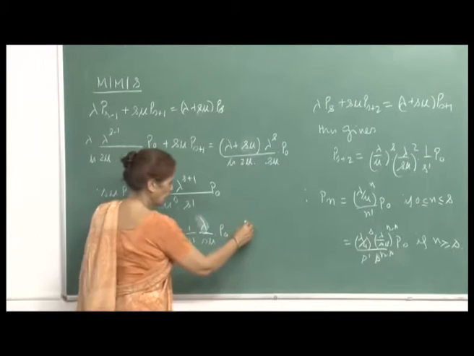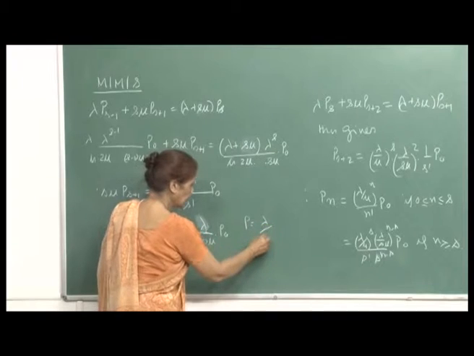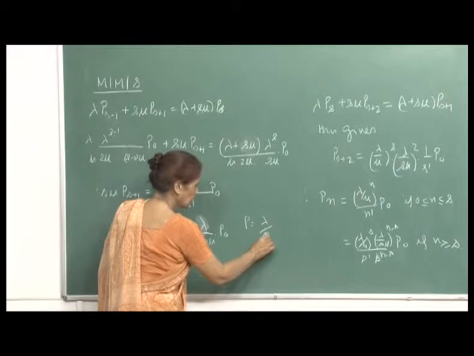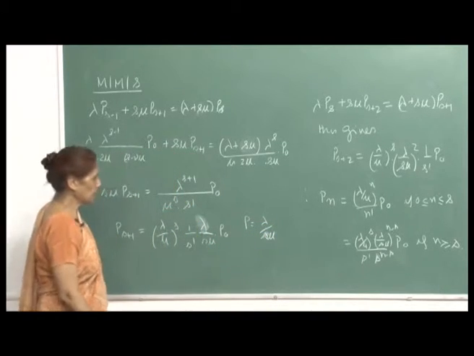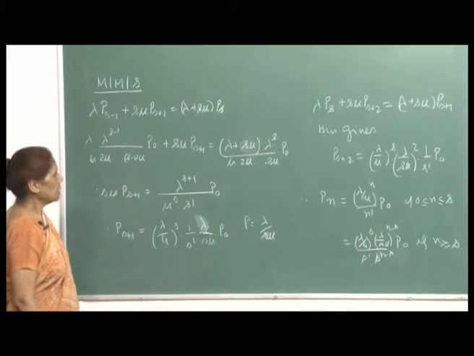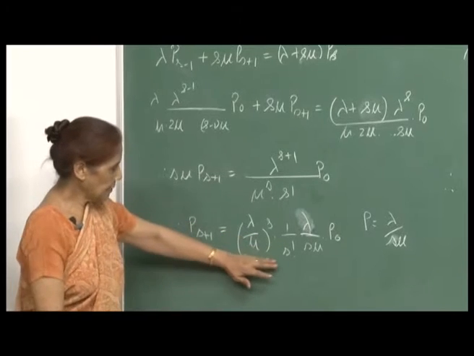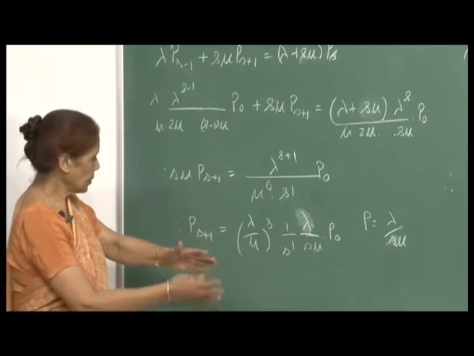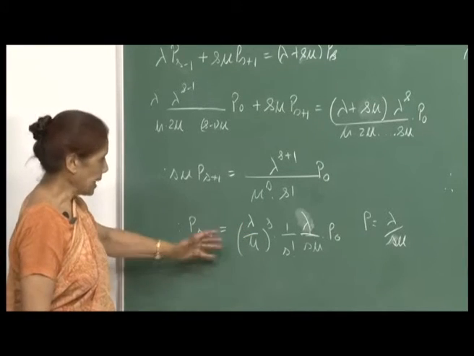Your rho, the utilization factor, is lambda by s mu now, with s servers. I just want to show you that the same formula will continue, and then you can generalize for Pn.